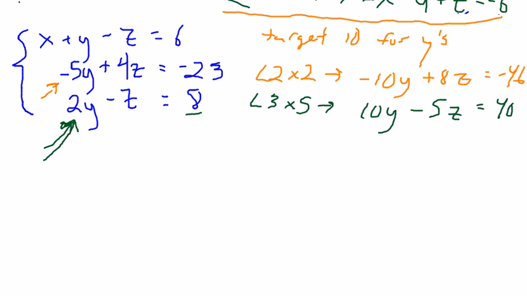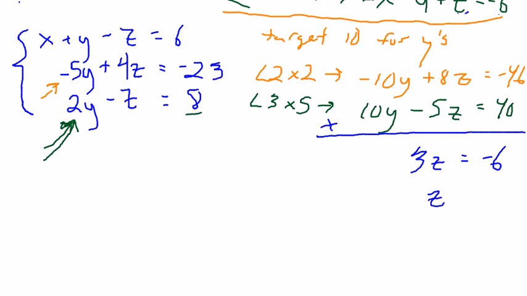So notice now, in these two lines that I wrote in orange and green, I've got the 10y and the negative 10y. So I can add them, and the y's go away. For the z's, I'm left with 3z, 8 minus 5, and then negative 46 and positive 40 add to negative 6.